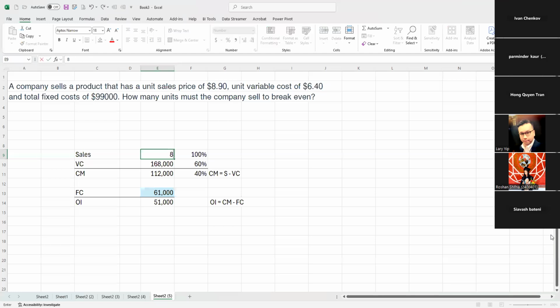So we have the sales price of 8.90, variable cost 6.40, and our contribution margin is 2.50. And then we have fixed cost 99,123.